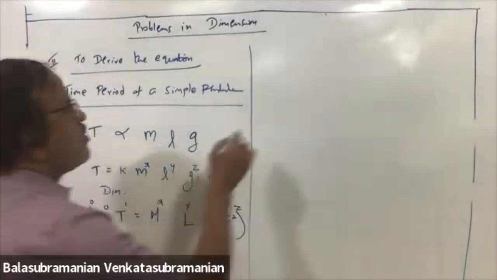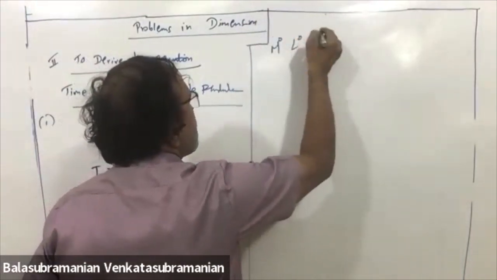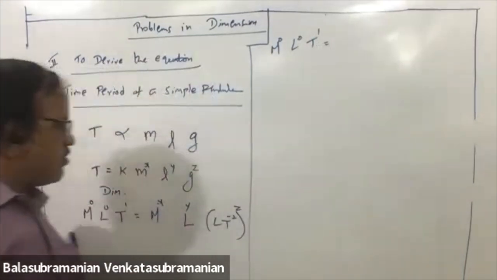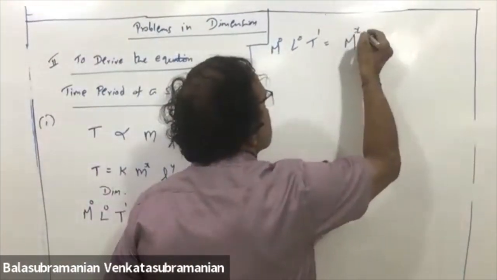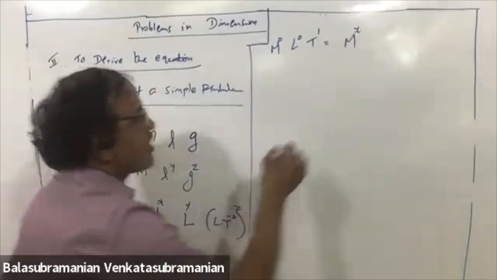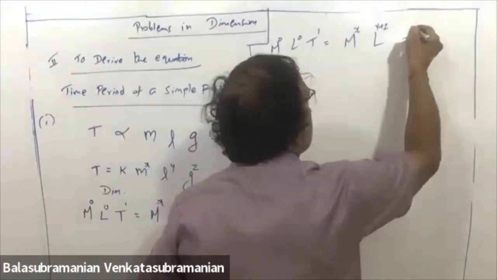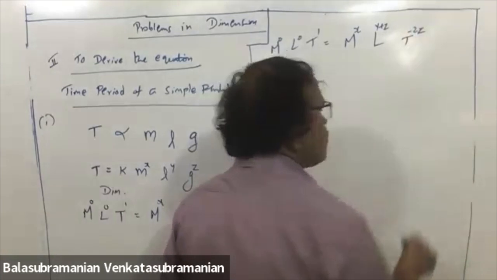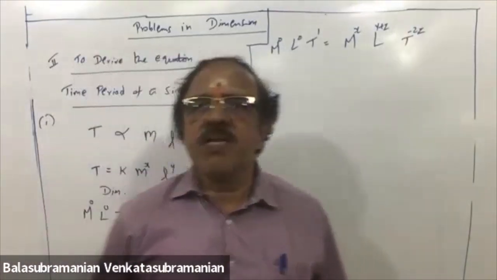So I can write M power 0, L power 0, T power 1 is equal to M power X, L power Y, L power Z, L power Y plus Z, T power minus 2Z.